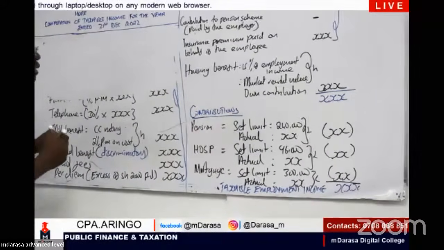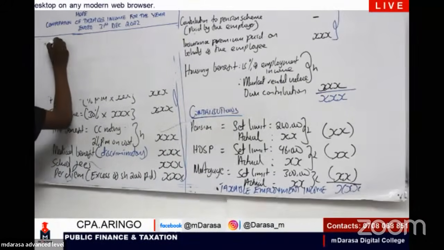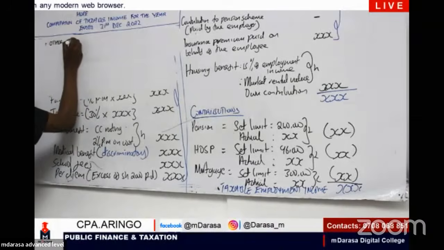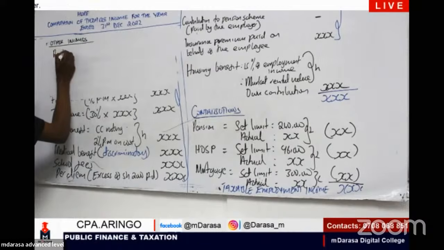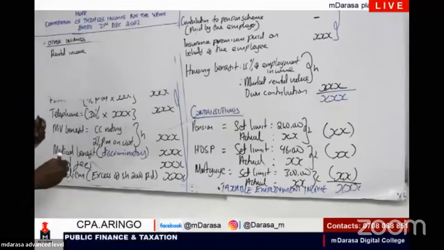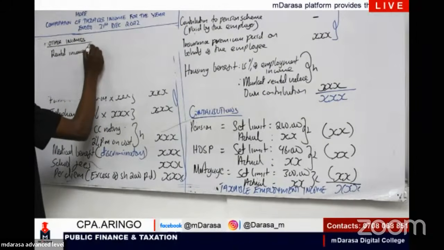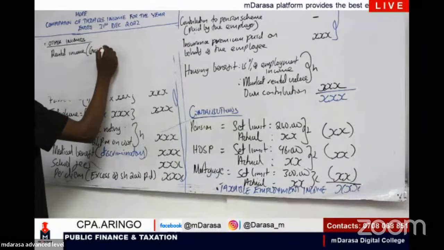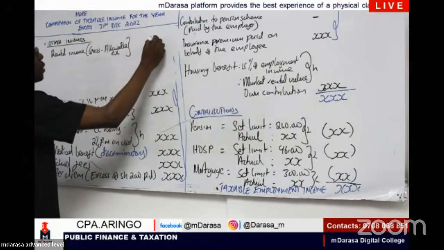We are going to take the other incomes here. For example, maybe this person had rental income. You take your gross minus allowable expenses. We have it there.